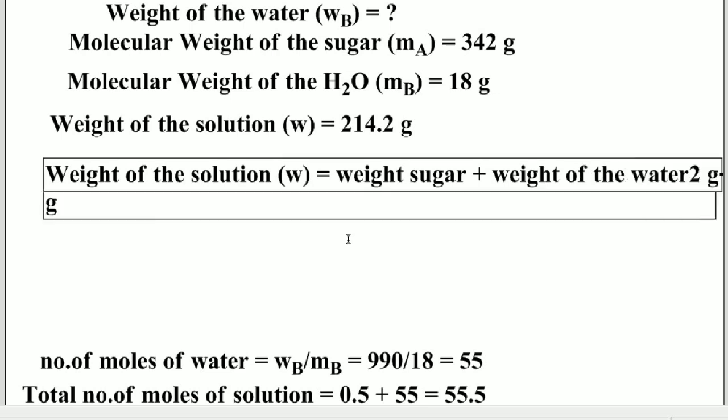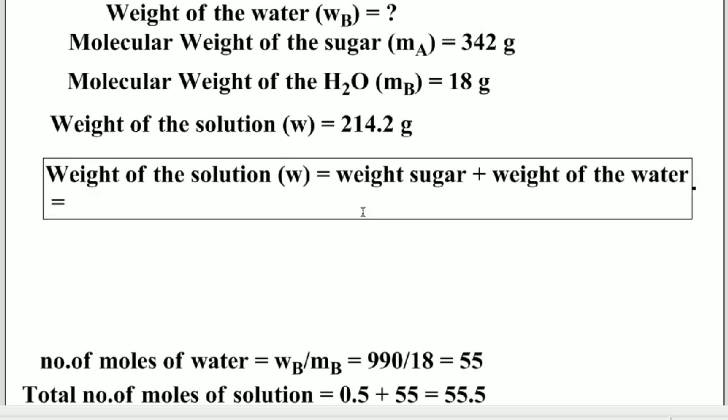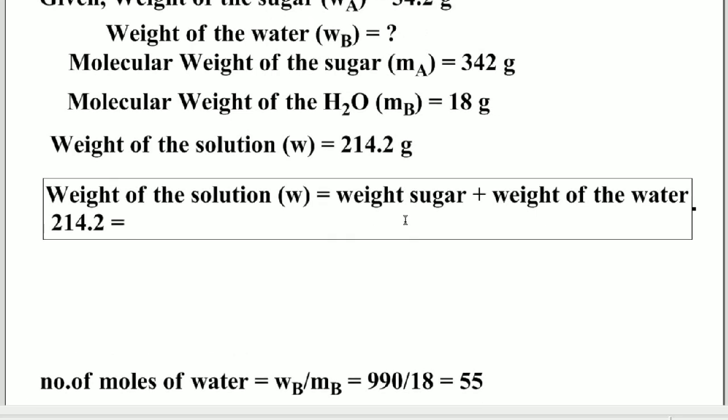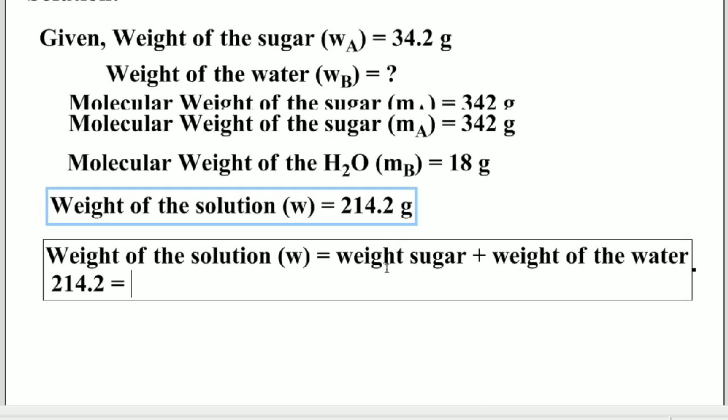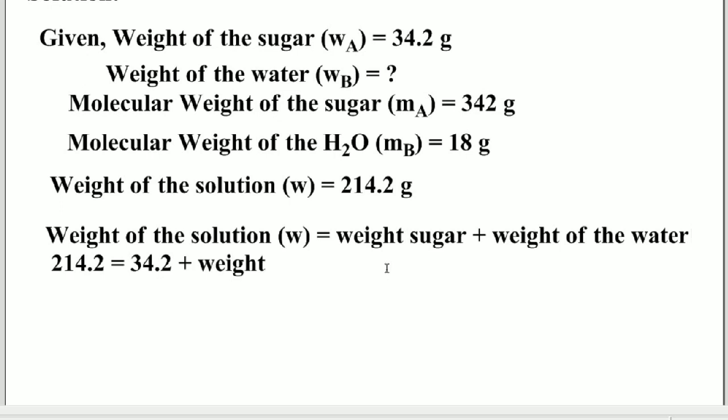So students, here the weight of the solution is given as 214.2 grams, and the weight of the sugar is given as 34.2 grams, and we should find the mass of the water.